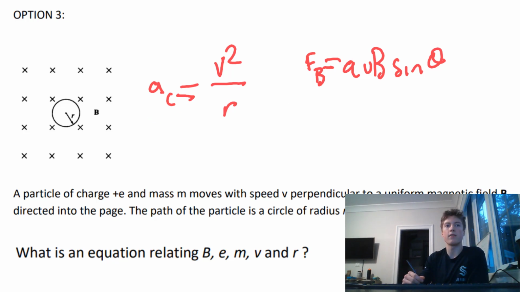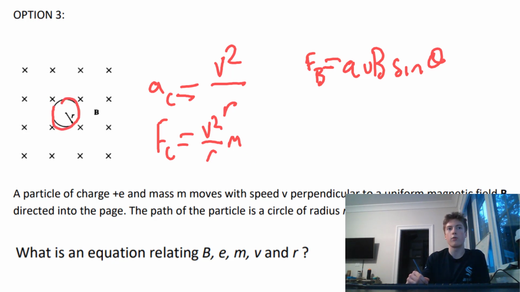If we multiply mass by this centripetal acceleration equation, we get the centripetal force is equal to v squared divided by r times mass. Because this is a circle, the centripetal force is actually going to be equal to the magnetic force, since the magnetic force is essentially causing the centripetal force.